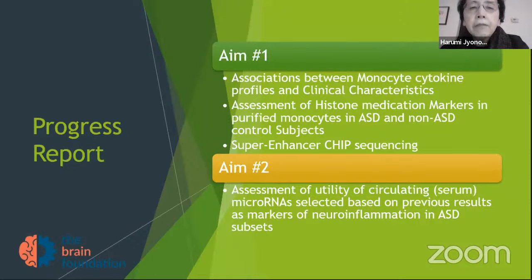The Brain Foundation funding this project has two aims. Number one, I have been working on the monocyte cytokine profiles as a marker of the innate immune response, and we want to associate those cytokine profiles with clinical characteristics.